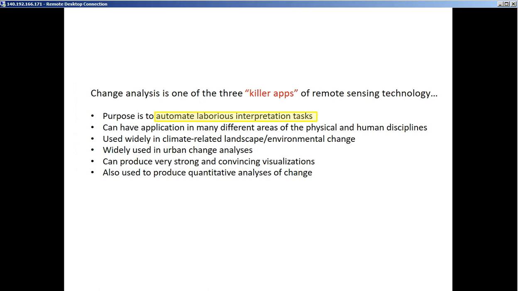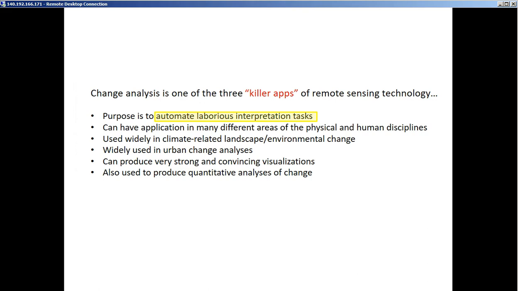And also it's used to produce these really convincing visualizations. When you see change in change analysis, those of you who have looked at the time-lapse videos, you see this. It's seeing is believing in many ways, and change analysis is a really powerful way of visualizing things that are changing.